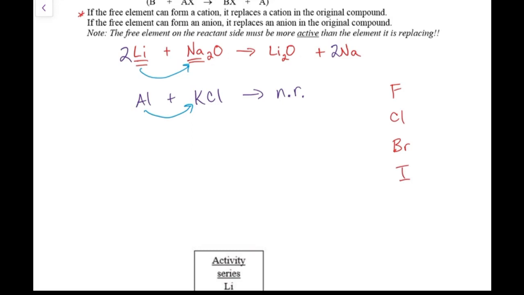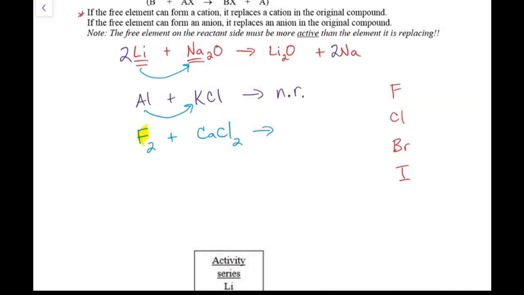And so what happens there is we use the periodic table as the activity series. So for example, let's say I had F2 plus, let's go with calcium chloride.